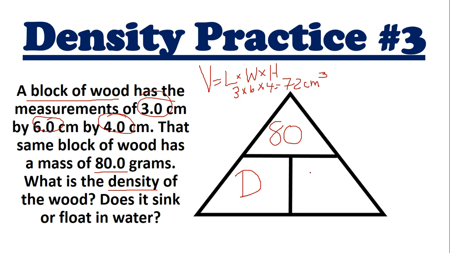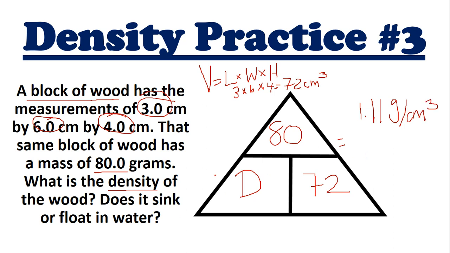And that 72 goes in the empty box. Then we do our math. We do 80 divided by 72 because they're on top of each other. We get 1.11 repeating grams over centimeters cubed.